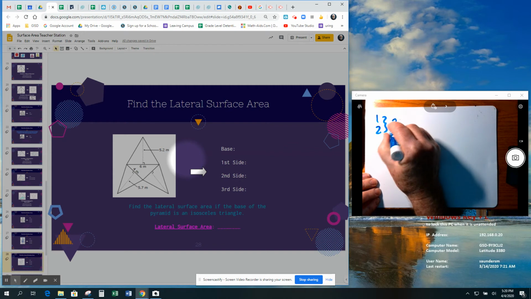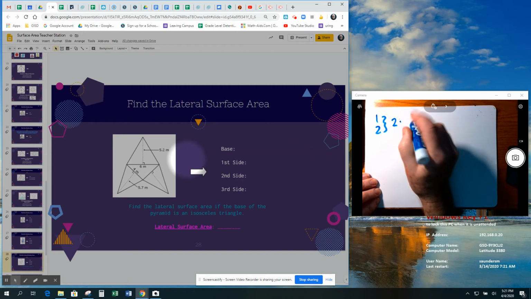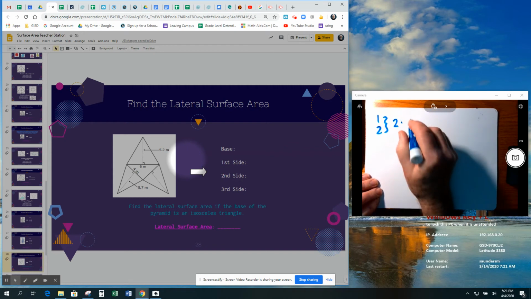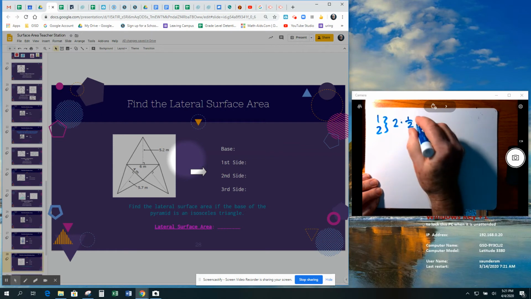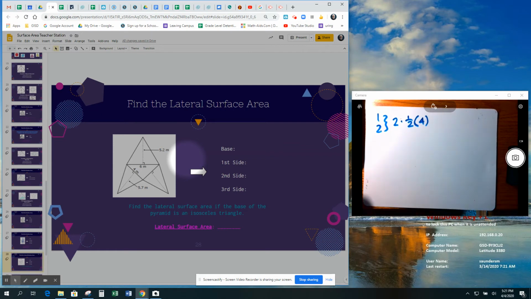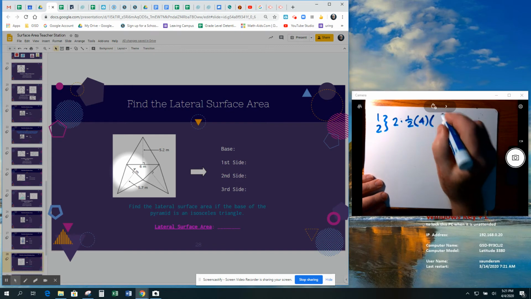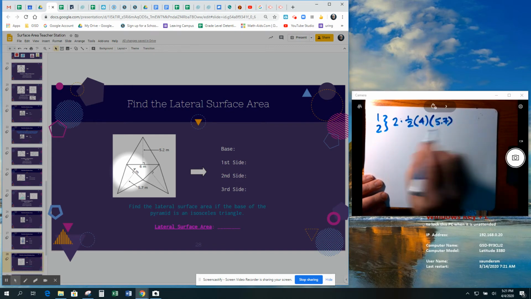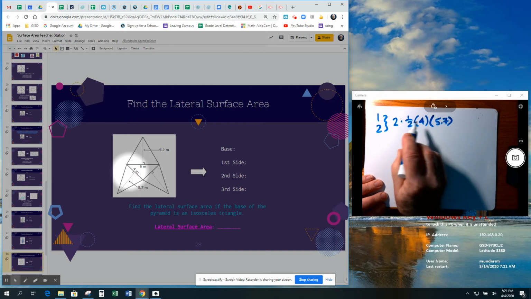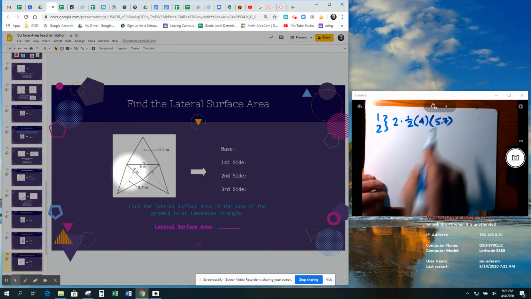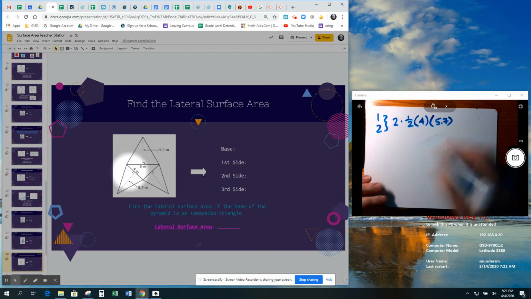So it's 2 times, and the area of a triangle is 1/2 times the base, which was 4 meters, and the height they gave us is 5.7 meters. So 2 times 1/2 is 1, times 4 is 4, times 5.7 would be 22.8.